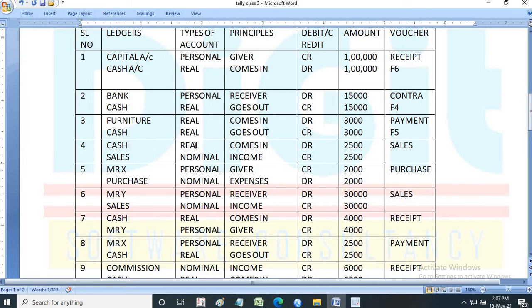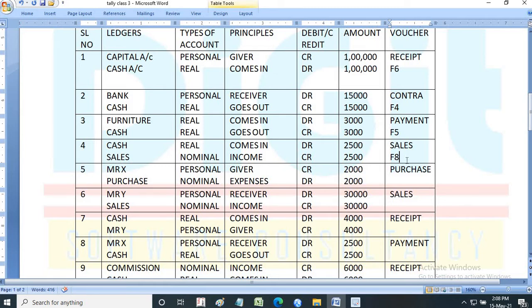Cash account is real, sales account is nominal. When we are selling, cash comes in, and sales is our income. The nominal account rule says income is credit and expenditure is debit. So income will be credited and what comes in will be debited. So 2,500. This is the sales voucher, and to pass this entry we have to select it with F8.